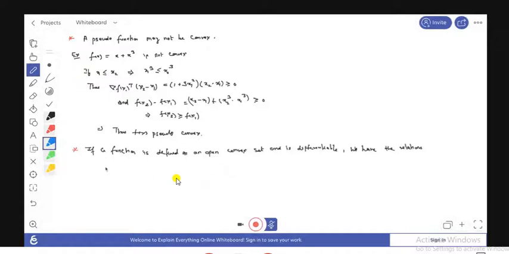You check whether that function is a strictly convex function.